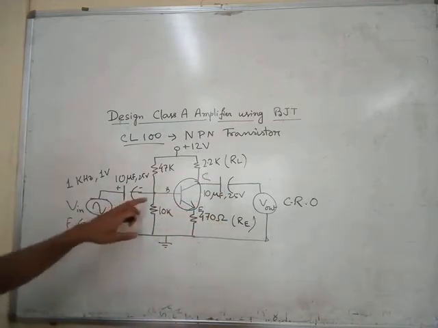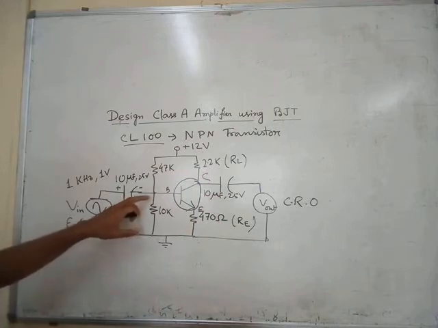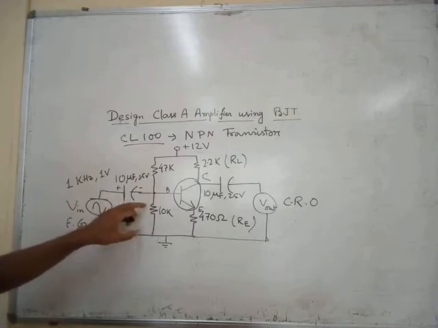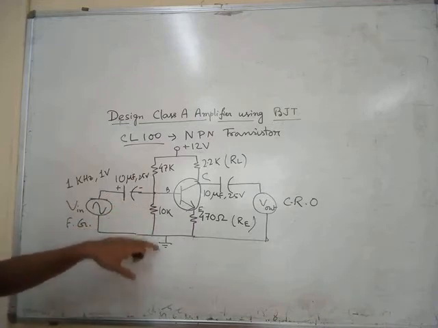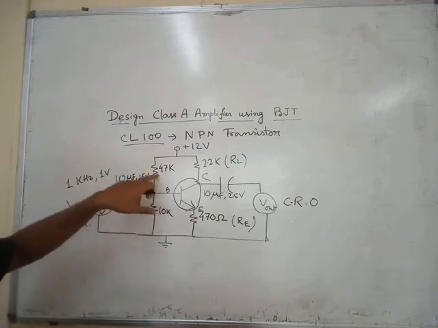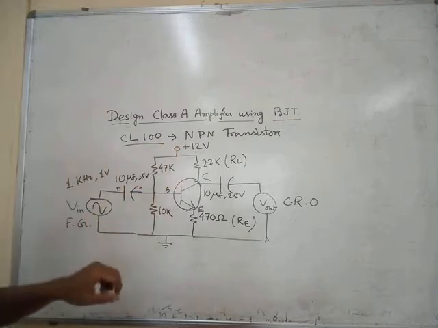At the base we connect two resistors, one 10K and one 47K. The other pin of 10K is connected to ground and the other pin of 47K is connected to plus 12 volt.